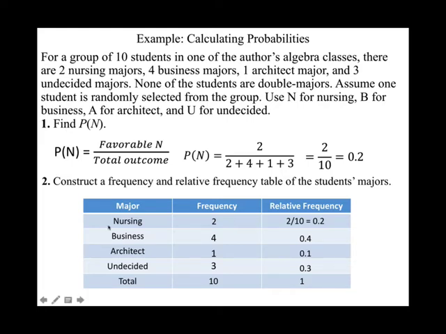Okay, so look at the frequency distribution and question number 1 here. If we want to find the probability for nursing, P of N, that will be equal to 0.2, which is going to be equal to your relative frequency. They should be equal to each other.